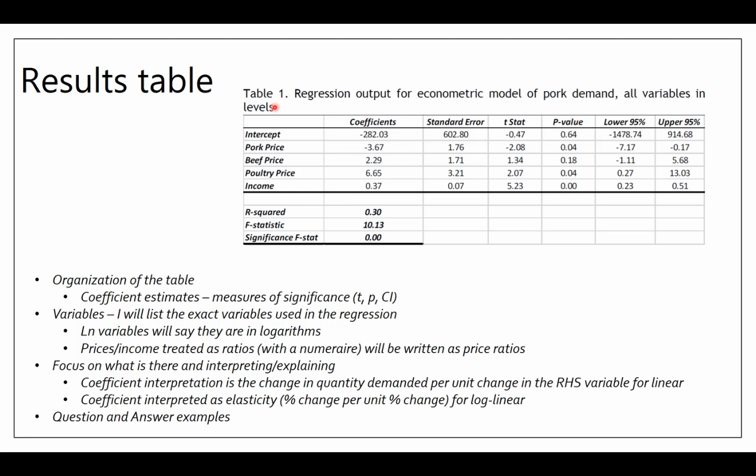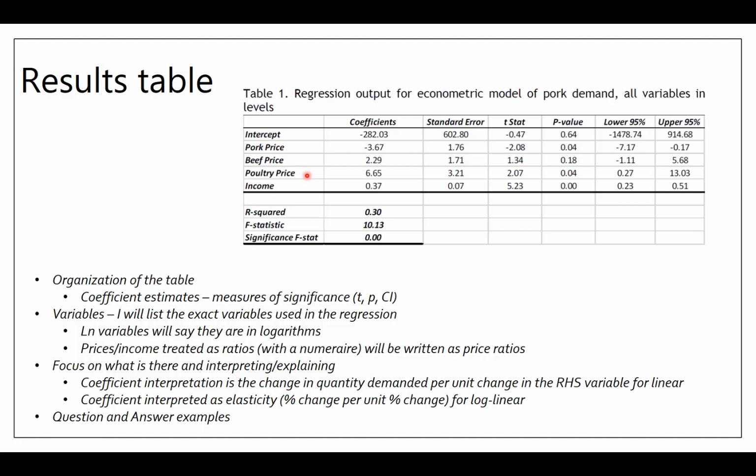This table here is regression output for pork demand. All variables are given in levels, so that lets you know that none of these, pork price, beef price, or anything like that, are in logarithms, and none of them are in ratios. I would also put a big note saying if this is income divided by some price, or poultry price divided by the beef price.